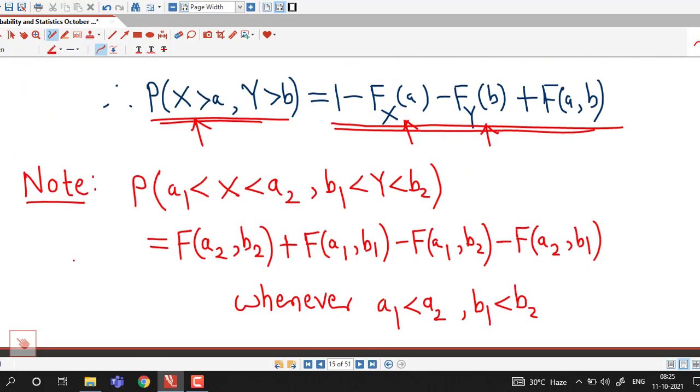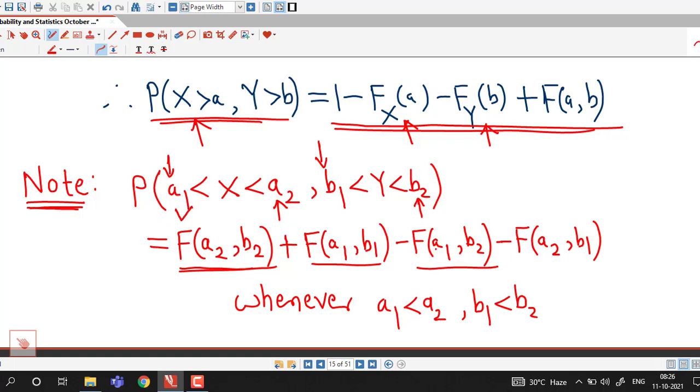This is another remark. You can prove this as a self exercise. If we consider the probability that capital X lies between A1 and A2 and capital Y lies between B1 and B2, then this is equal to the value of the joint CDF at the end points plus the value of the joint CDF at the first end points, minus, here we are taking in reverse.